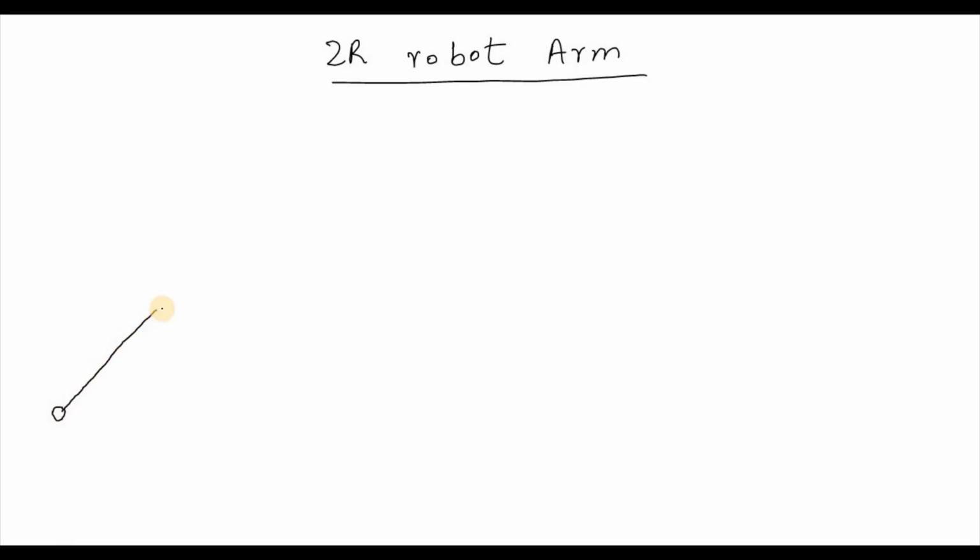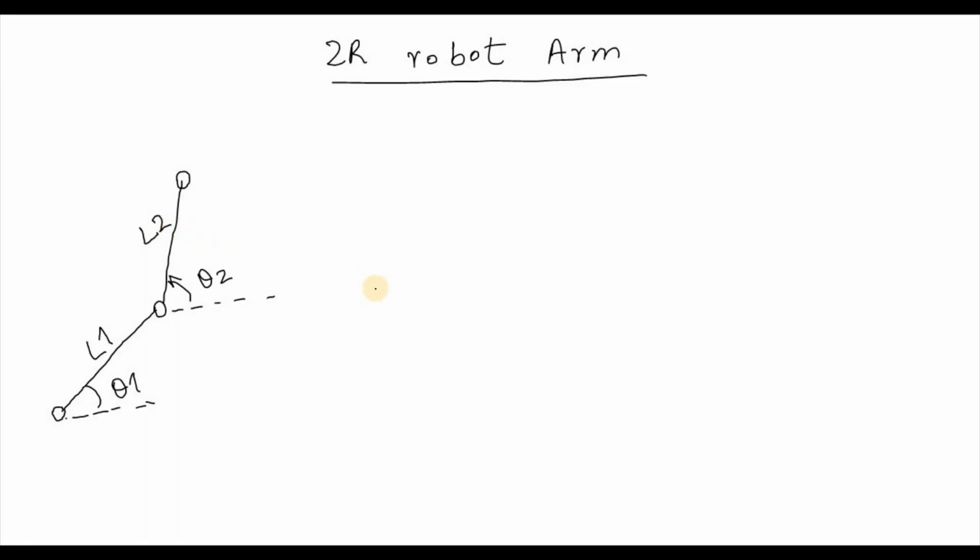Here we have the first link, and then here the second link. Let's say we have theta1, and here we have the angle theta2, and this is link 1 and link 2.